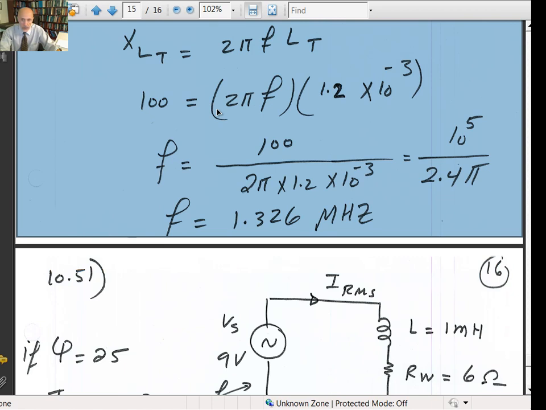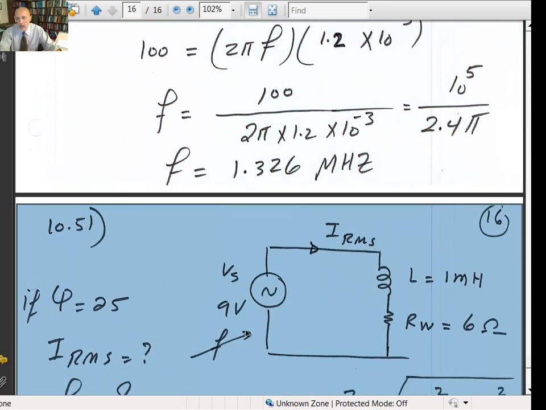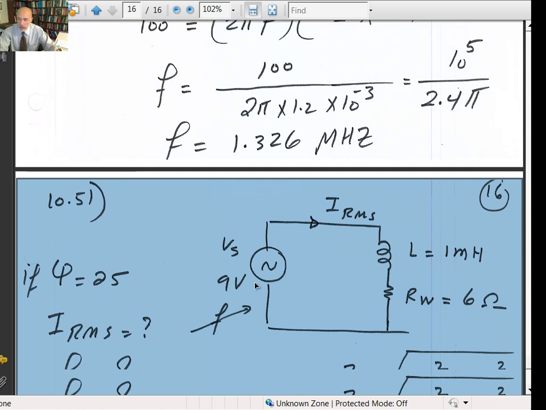Next problem is number 51. It says the operating frequency of the circuit shown in figure 10-61 is variable. You have a function generator, so you can vary the frequency. Determine the value of IRMS and f when the inductor has a quality factor of 25.